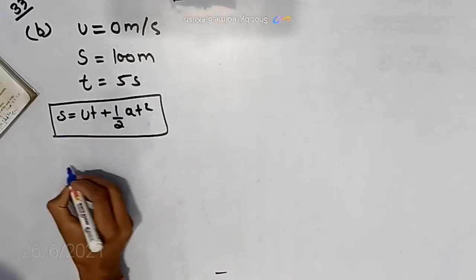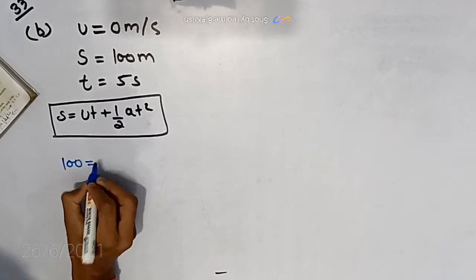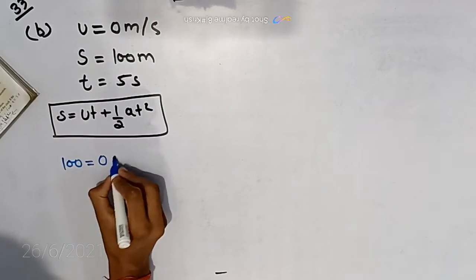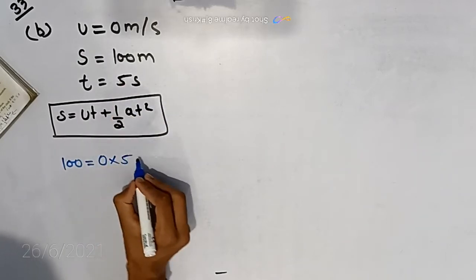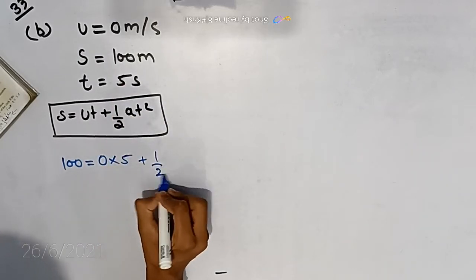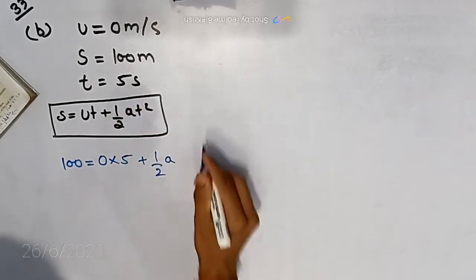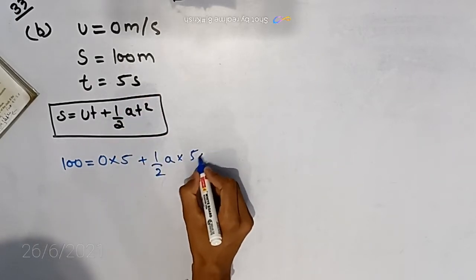So s is here 100 meter, u is 0 into t 5 seconds, plus 1 upon 2 a, which we have to find, into t square, 5 into 5.